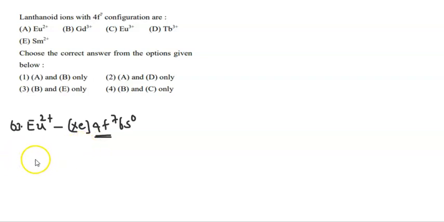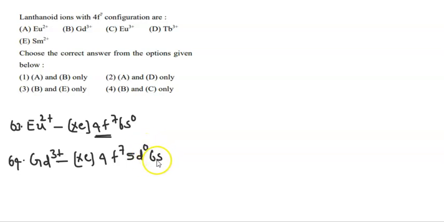Now if I am going to take gadolinium, if you write the gadolinium configuration, the atomic number of gadolinium is 64. So the configuration of gadolinium 3+ is xenon 4f7 5d0 6s0 configuration.